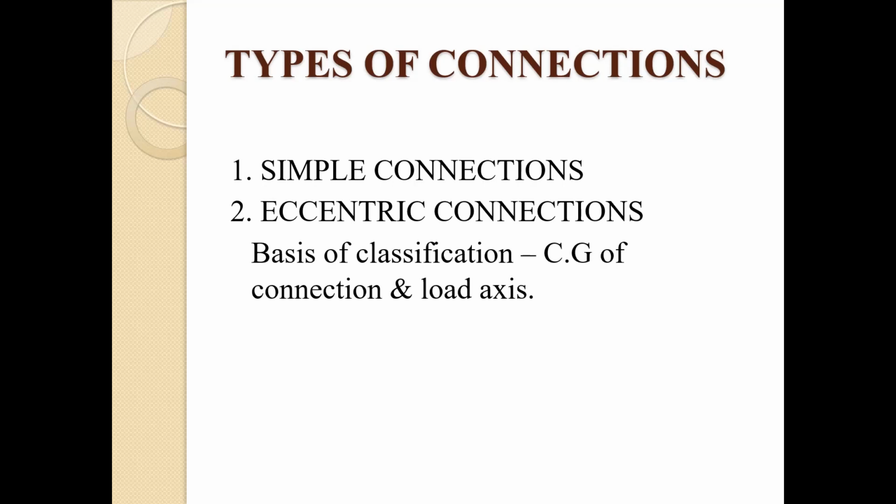The basis of classification is the center of gravity of the connection and the load axis. If they are coinciding, then it is a simple connection, and if they are not coinciding, then it is an eccentric connection.